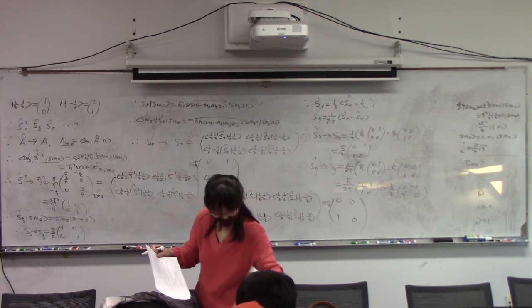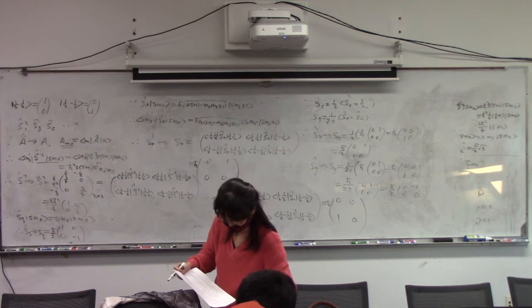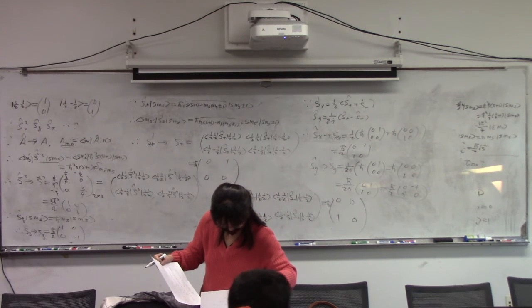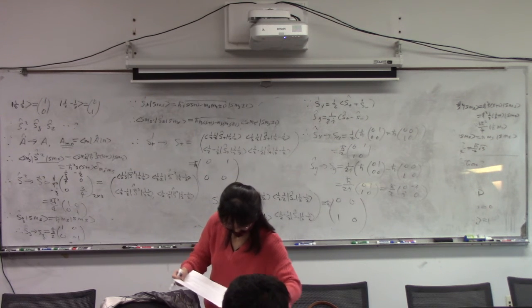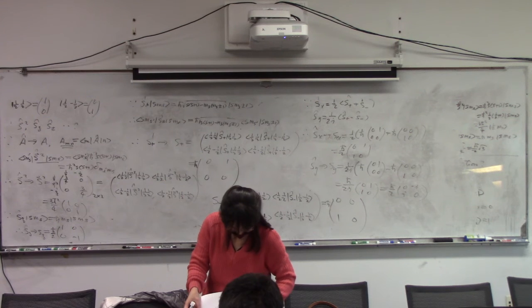Okay. Now the remaining part, for example, asks you to calculate this expectation value. I will leave that application or example for later, but now we are going to introduce the Pauli matrix.